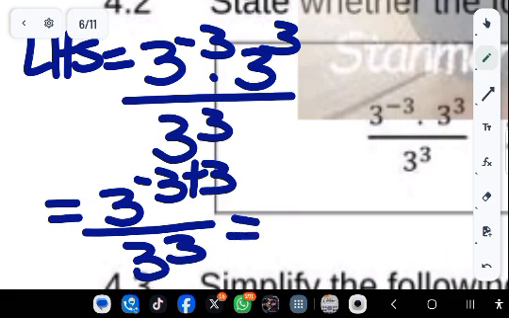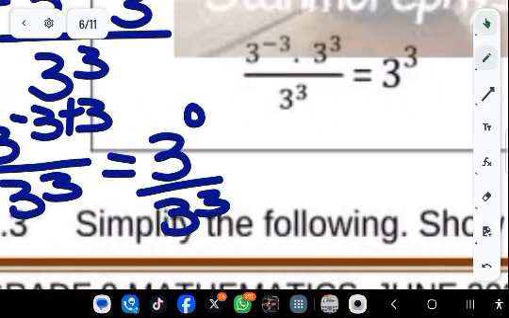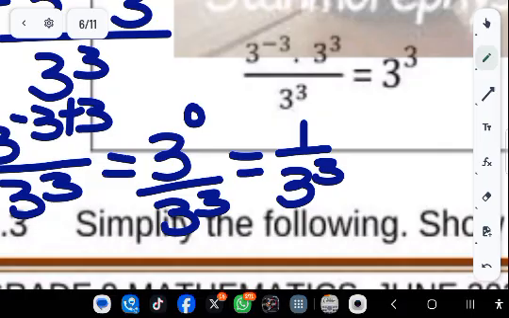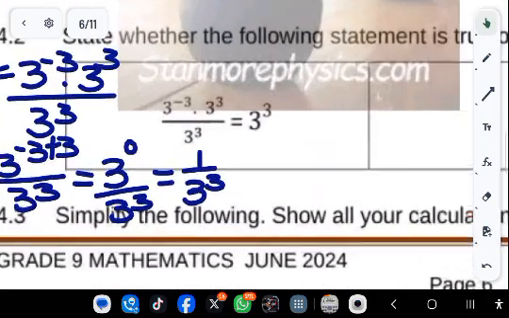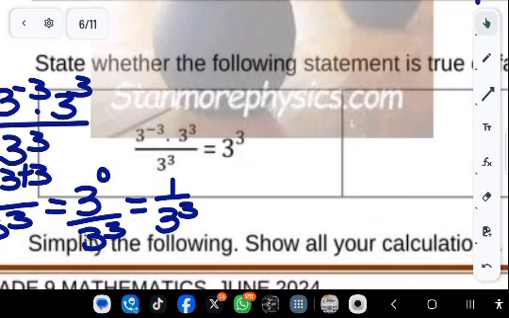Now 3 to the power of negative 3 plus 3 will be 3 to the power of 3 minus 3, that will be 0, over 3 to the power of 3. Okay, 3 to the power of 0 is 1, so that is 1 over 3 to the power of 3. Alright, that's the left hand side. Is it equal to the right hand side? No, it's not.